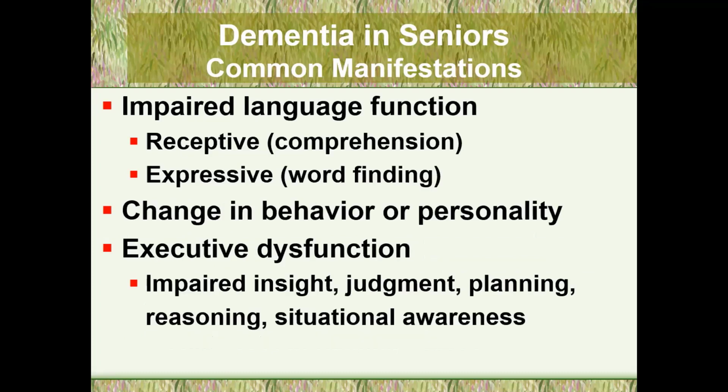Further common problems, as we indicated, are problems with language, comprehension, or expressive. And then changes in behavior or changes in personality are also common, particularly as you get to the middle or later stages of a dementia. And relevant to our discussion today are changes in what's called executive function. These are the so-called higher intellectual functions of the brain.